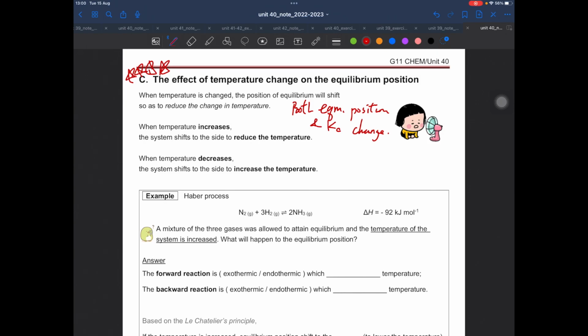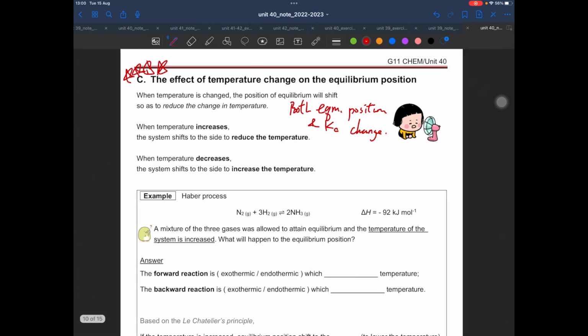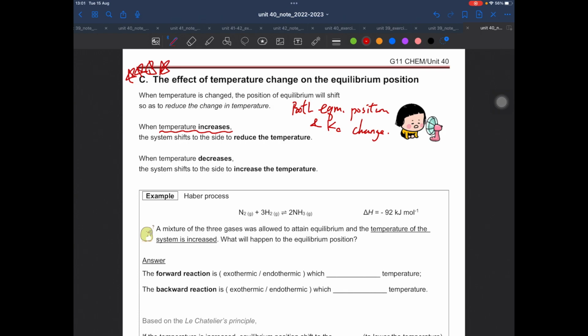In summer, temperature is high, so we will switch on the aircon to work against the change, right? In winter, temperature is low, we will switch on the heater. Keep in mind this story. So here shows when temperature increases, the system will try to reduce the temperature, just like summertime, right? When temperature decreases, the system will increase the temperature, just like in winter.